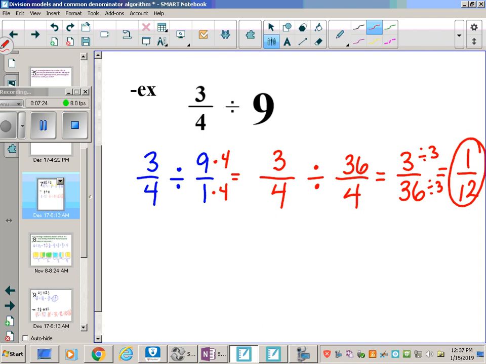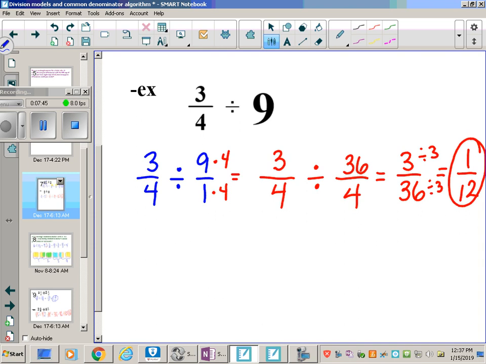Now I told you all that this whole thing about the denominators, this idea that you don't necessarily need to do anything with the denominators once you find a common denominator. The reason for that is because just like when you multiply straight across, with division, technically you can divide straight across.